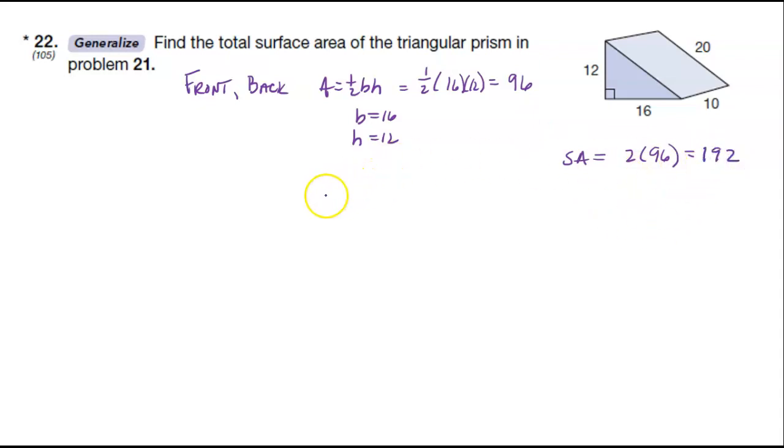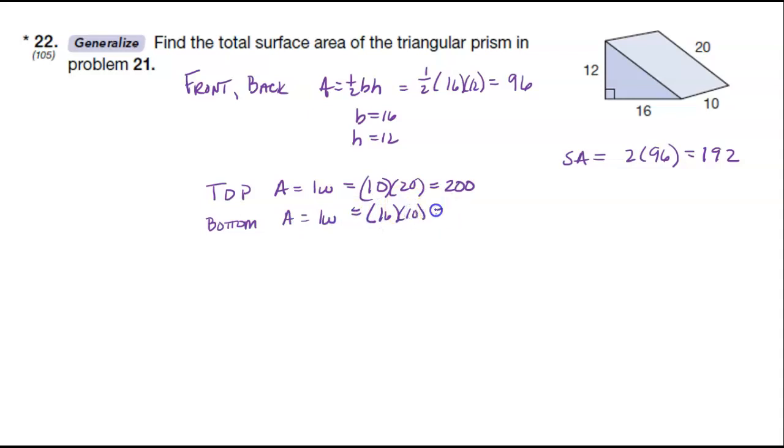Okay, so let's see. So there's the top, which is area equal to length times width, which is 10 times 20. There's the bottom, which is length times width, which is 16 times 10. There's the back, which is 12 times 10, or 120.